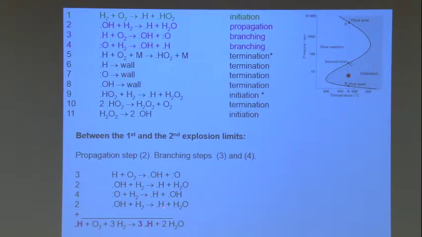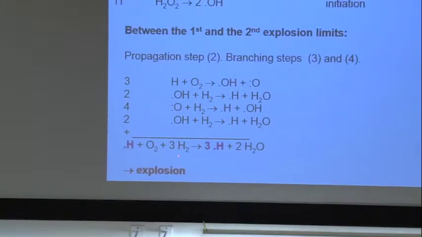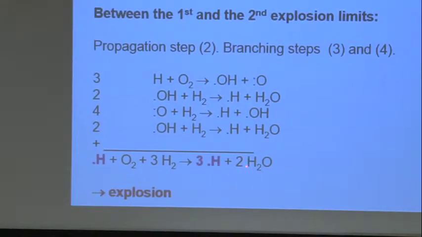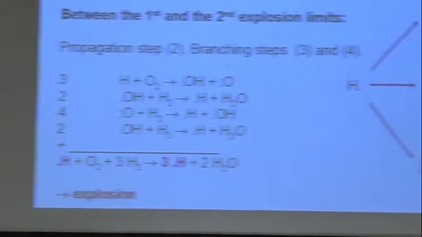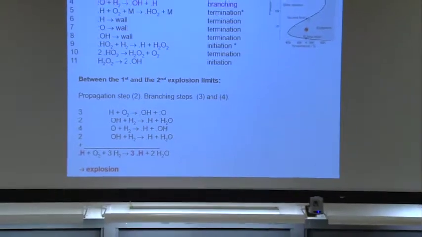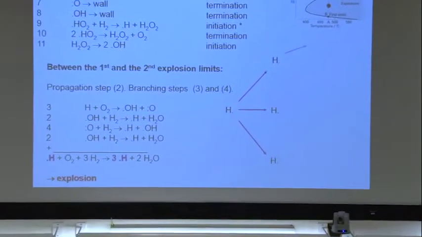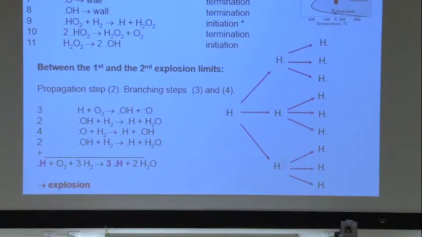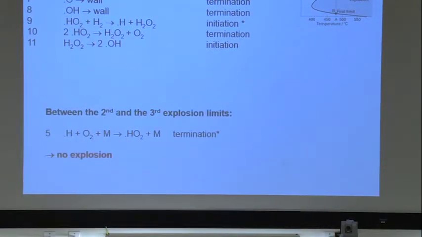Let's allow that to react again to form another H. So if we add all these things up, we get H plus O2 plus 3H2 going to 3H plus 2H2Os. So 1 H is giving 3 H. So we get explosion. So 1 H reacts, forms 3 H's, and then each of those reacts to form 3 H's. And we get this exponential increase in the radical concentration, the explosion.